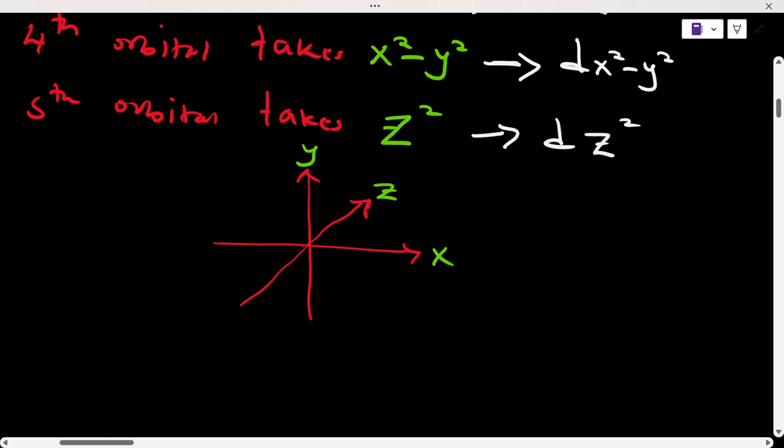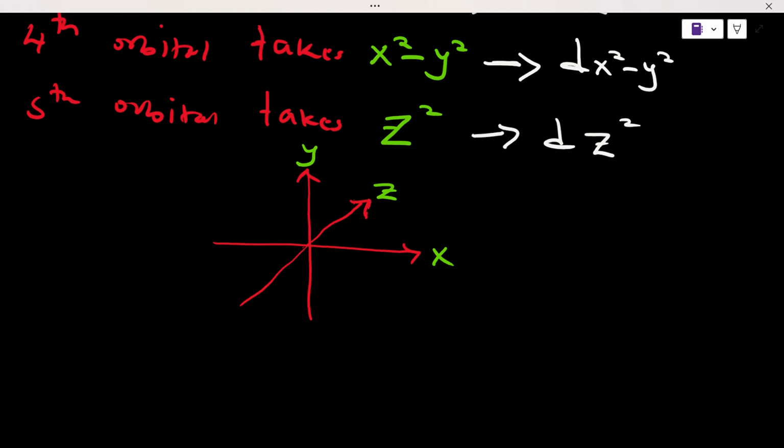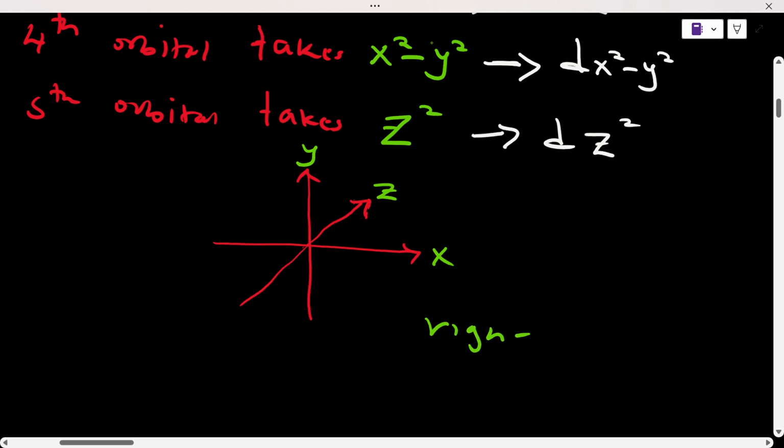So since we are having the 5 orbitals, they are supposed to be found in the spaces of the axes, because all these axes are right angled, meaning they are perpendicular.